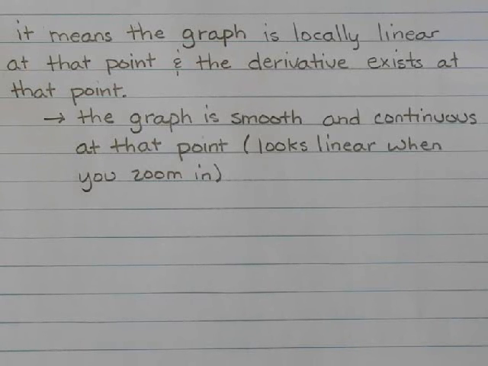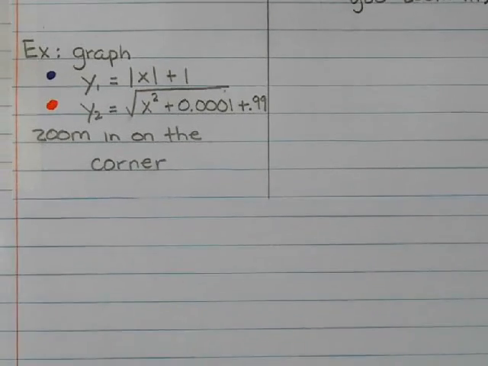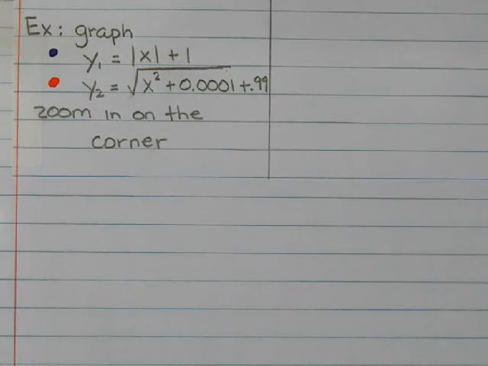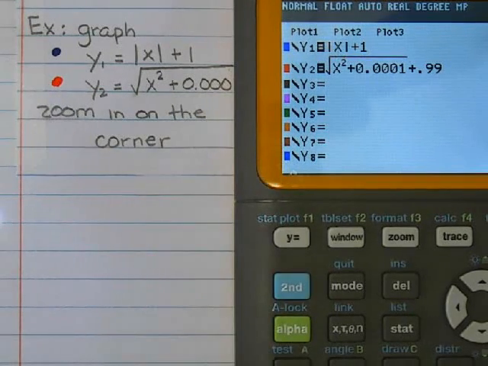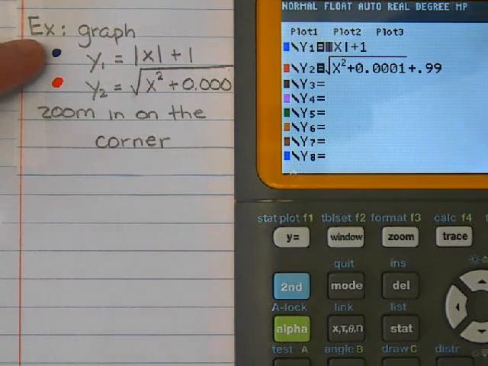Now, it seems like, well, wouldn't every graph look like a line if you zoomed in on it? Not necessarily. So we're going to look at two examples here. I put these graphs in my calculator. The first one, with absolute value, is blue.